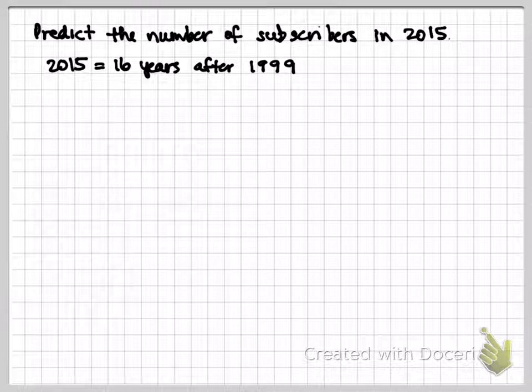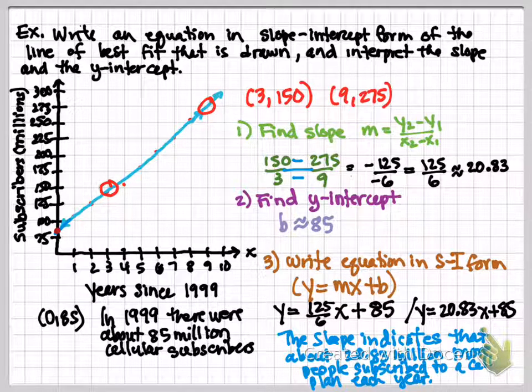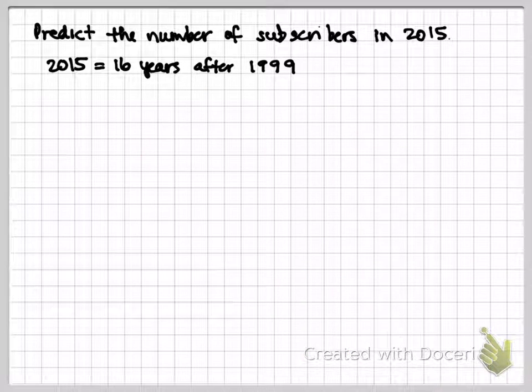Now, let's look back at the graph. What variable does years after 1999 represent? X or Y? It represents the X's. So this is our X value.